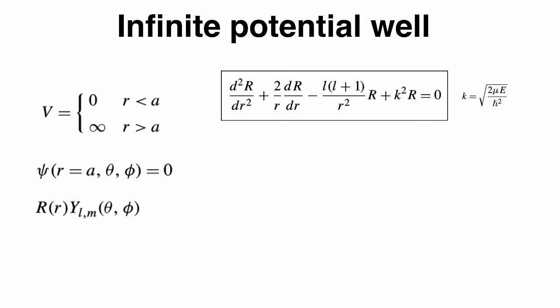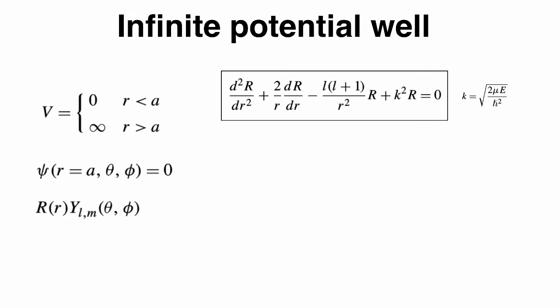Now, if we remember the proof of why the first derivative had to be continuous, it was true because the potential was finite. When the potential is infinite, the first derivative does not have to be continuous, and in fact, it cannot be continuous in that case.